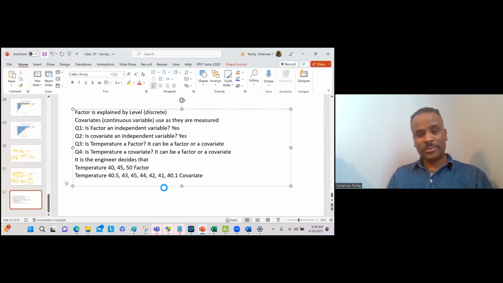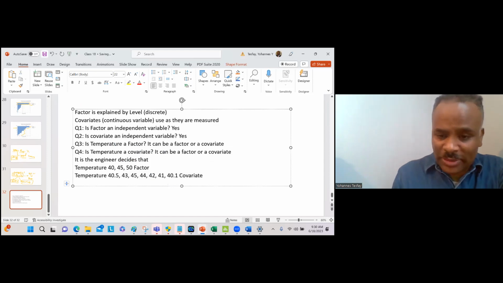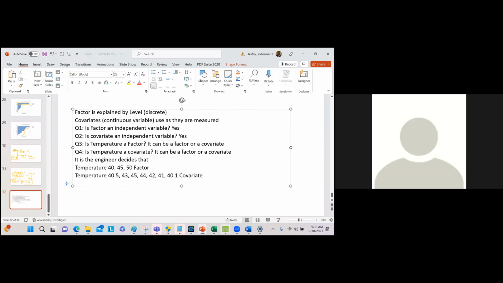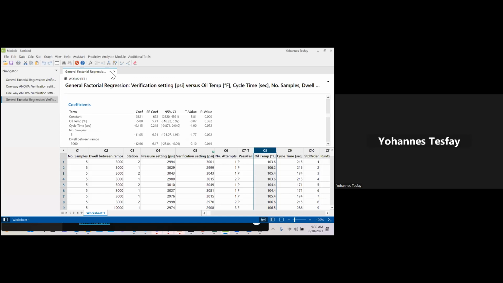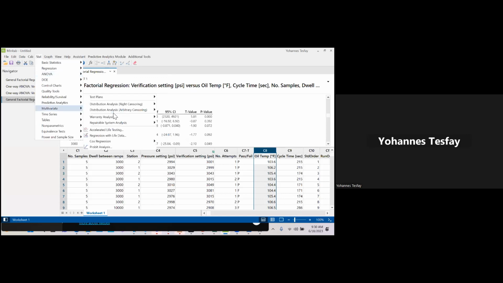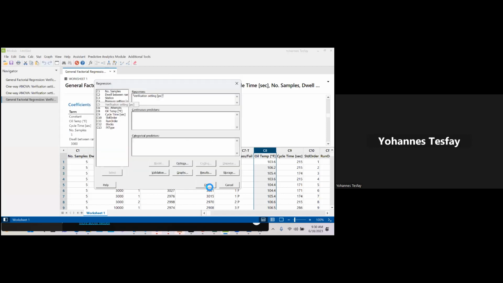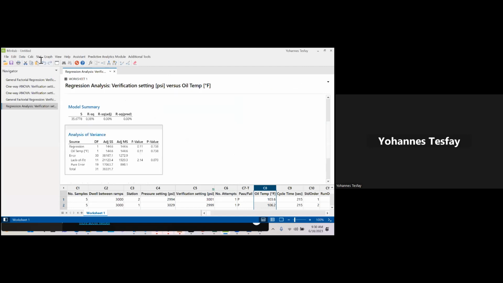It will be like regression, an X and Y type of relationship. For example, here temperature, go to start, regression. Then here, verification setting, and here oil temperature, then I'm going to say okay. Regression shows whether there is a relationship. What is that?